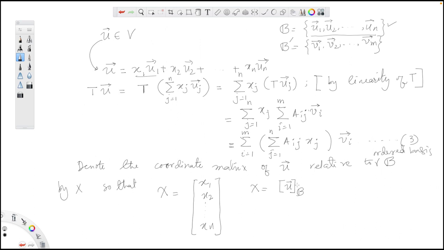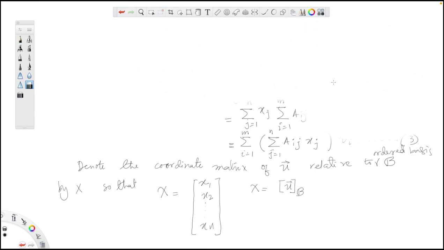Now notice that when you write AX, this is going to be a column vector.